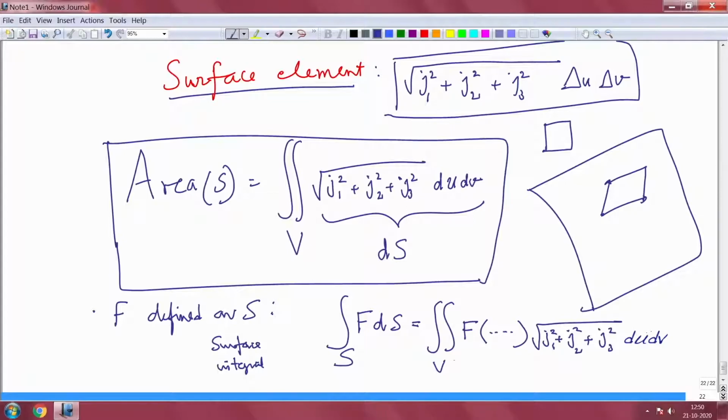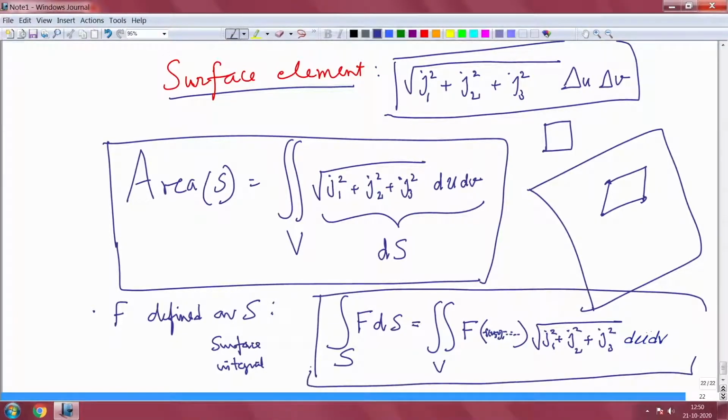Because the function is defined on S, but every point of S can be viewed as a point from here, you have to write f in terms of u v like that. This is called the surface integral.